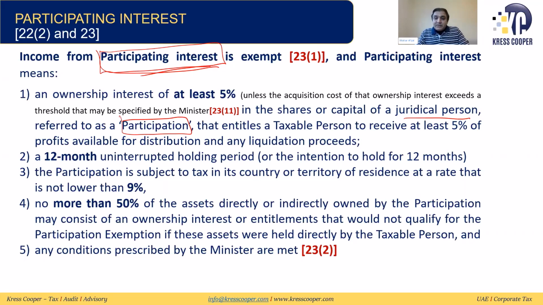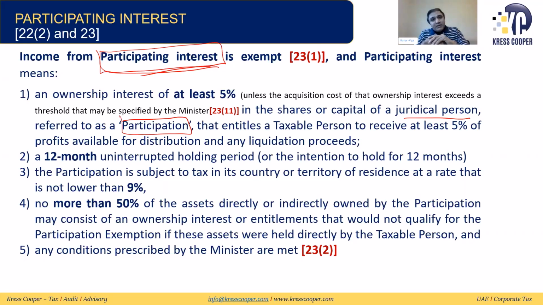Try to understand this: you have a company with some investment outside the UAE in another company. If this company has an investment in a foreign juridical person of at least 5% for a continuous period of 12 months, and the income that the UAE company gets from outside the UAE is subject to tax at 9%, and the assets which are part of the participation are not exempt, these are the major conditions.